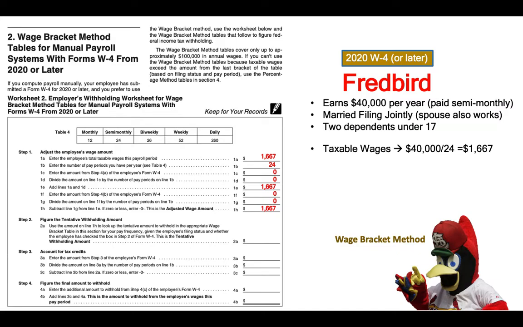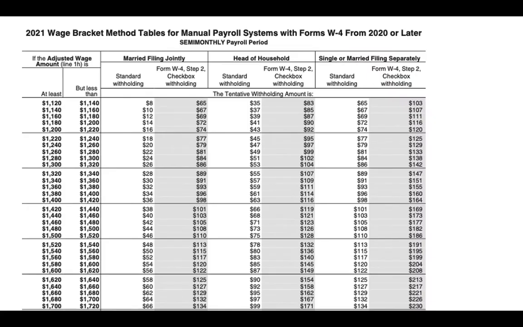Now, step 2, figure the tentative withholding amount. So again, we need to use the amount on line 1H, 1667, to look up the tentative withholding amount in the appropriate wage bracket table. And so we're going to look at a table here.